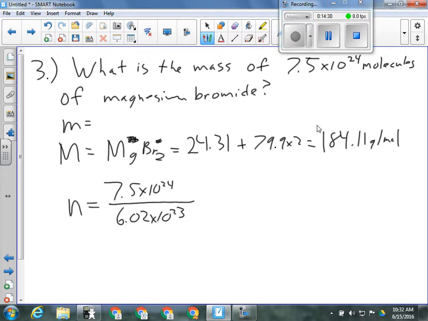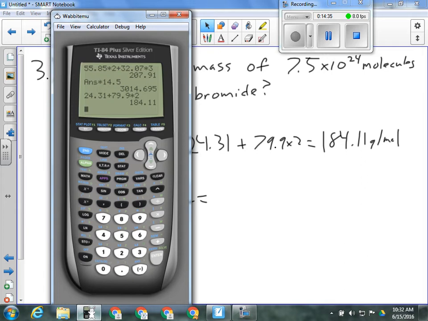Everybody follow there? Okay. So to calculate N, I'm going to put in brackets 7.5 E24, divided by Avogadro's number 6.02. Whoop, not well.